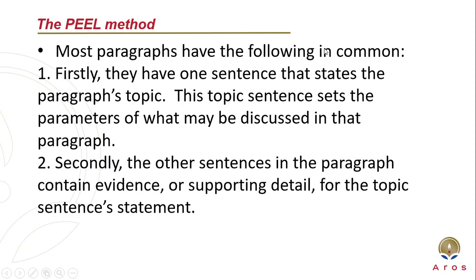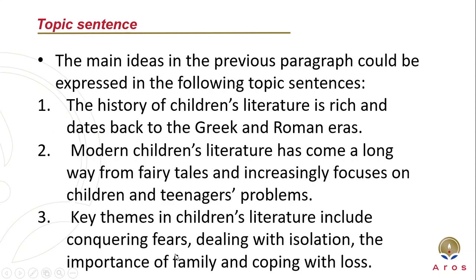Typical examples, as I showed you earlier, are these type of sentences. They give ideas of what could possibly follow on in the sentence to come. A sentence on children's problems, a sentence on teenagers' problems, a sentence on children's literature in Greece, children's literature in Rome, a sentence on conquering fears, or on dealing with isolation, on the importance of family, or on coping with loss.